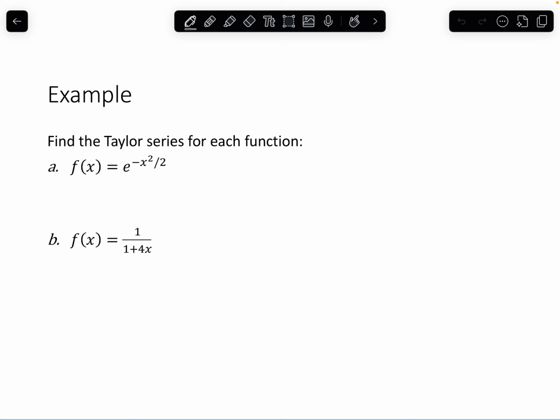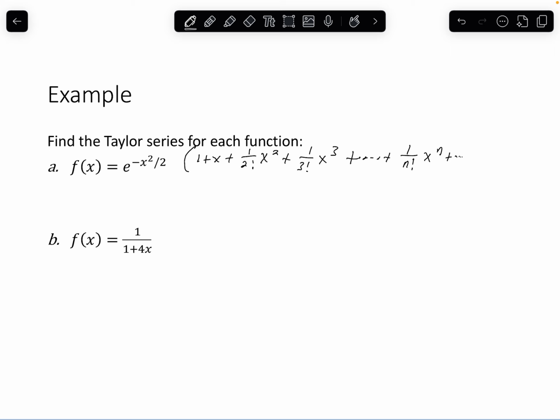For e to the x previously, that was 1 plus x plus 1 over 2 factorial times x squared plus 1 over 3 factorial times x cubed, all the way down till we get to 1 over n factorial times x to the nth power, and so on.